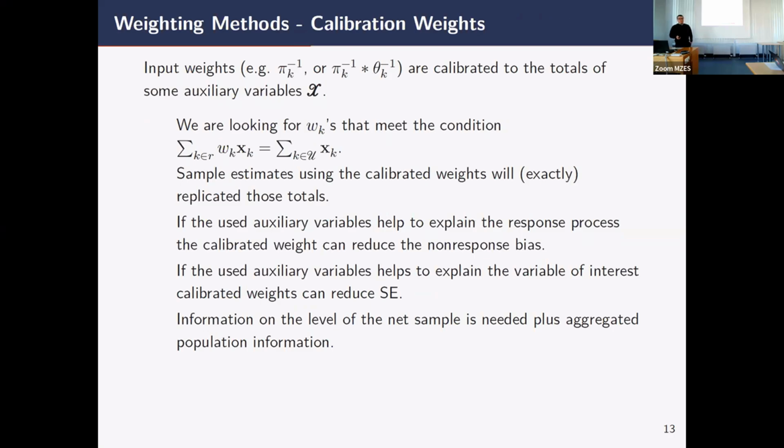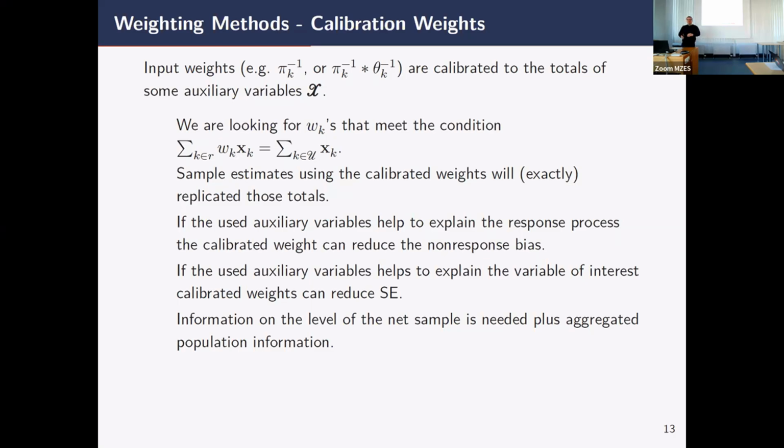Then calibration. Calibration is another well-known method of constructing survey weights. There, I'm having some input weights, which can either be our design weights, only for the elements in the net sample, or already a combination of design weights, and I should have put a hat on here, estimated response propensities.